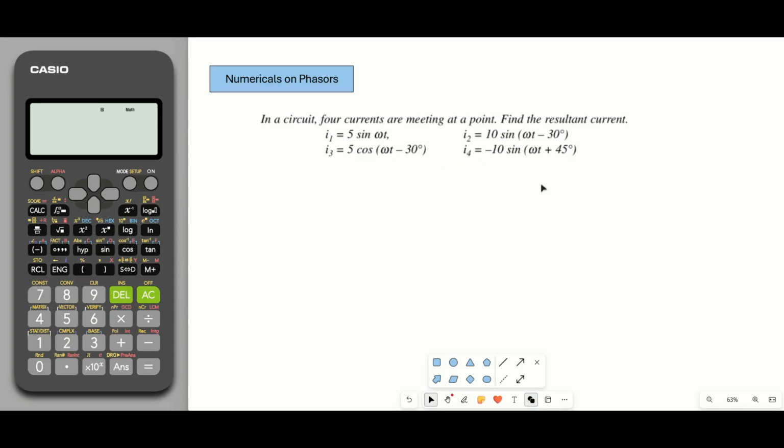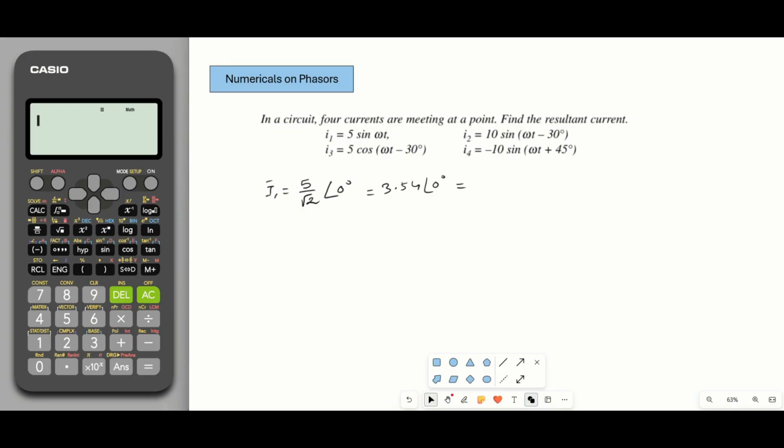Here we have four values, I1, I2, I3, I4. Let us determine the solution and first convert them into polar format. I1 is given by 5 root 2, and the angle here is 0 degree. So this will be coming out as 3.54 angle 0 degree.